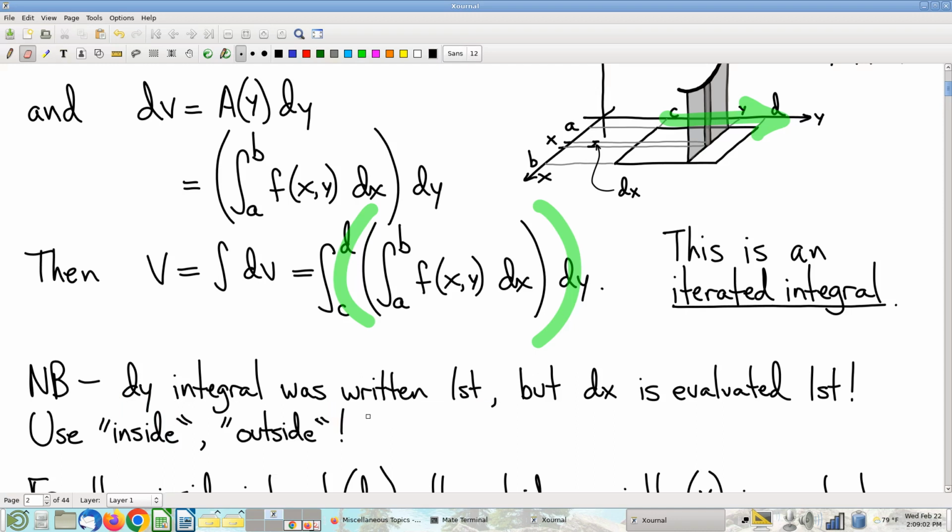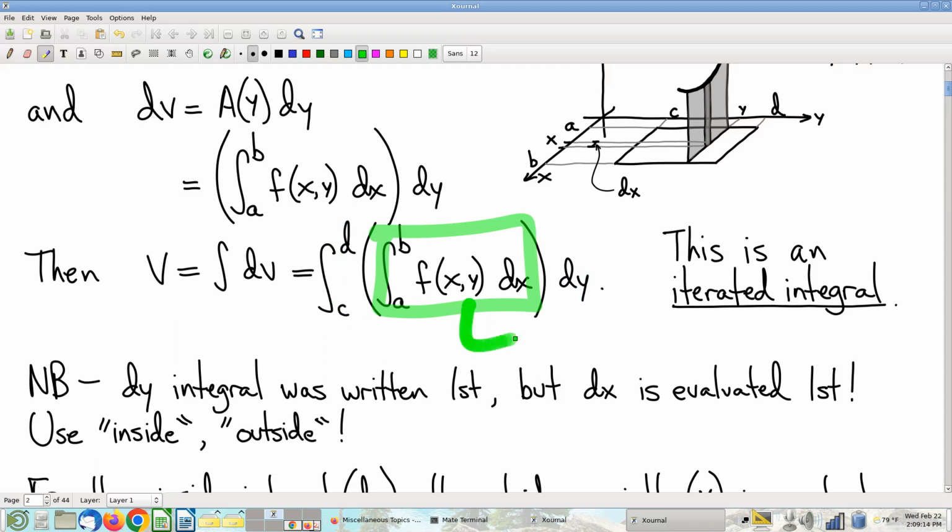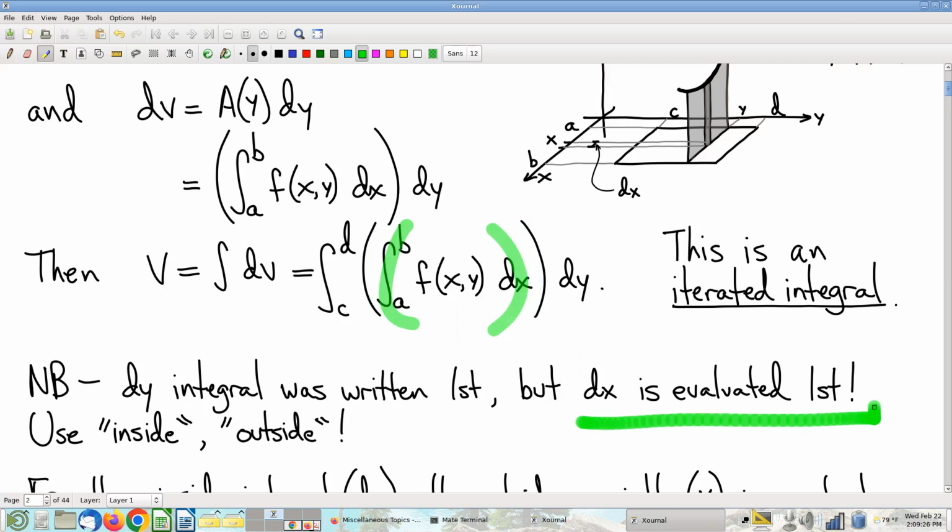But now let's think about how we evaluate. How would I evaluate this integral? Can I start by evaluating the dy integral? I can't, because I don't even know the integrand yet. I don't know what that integrand formula is because I haven't evaluated my dx integral yet. So when it comes to evaluations, you have to do the dx integral first.